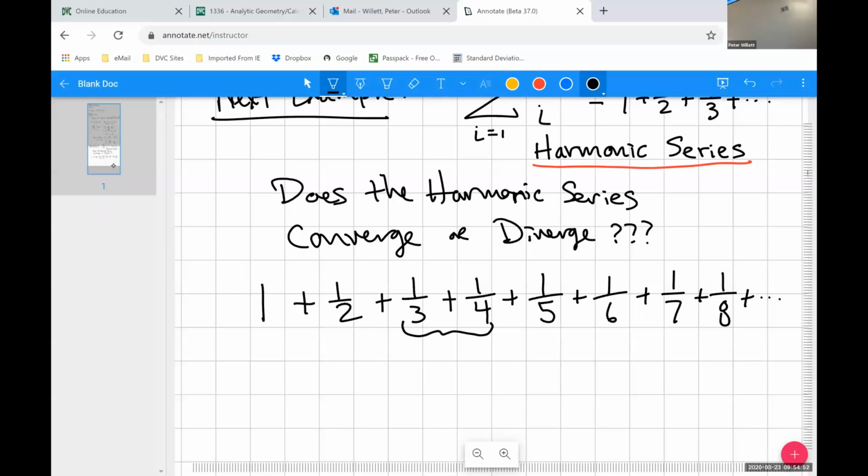So imagine that I consider that this sum is more than 1/4 plus 1/4.